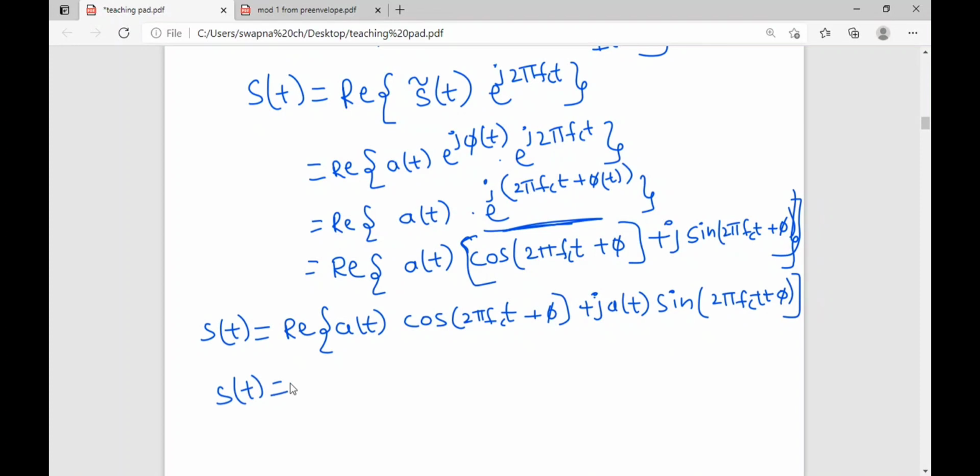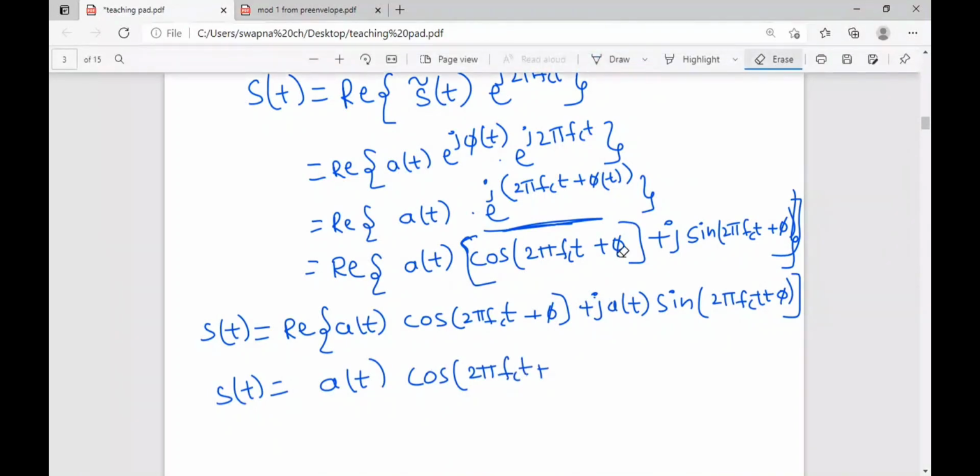And s of t is nothing but only the real part. It is a of t into cos 2 pi fct plus, once again, everywhere instead of phi you write phi of t. Here also phi of t, here also phi of t. So cos 2 pi fct plus phi of t.